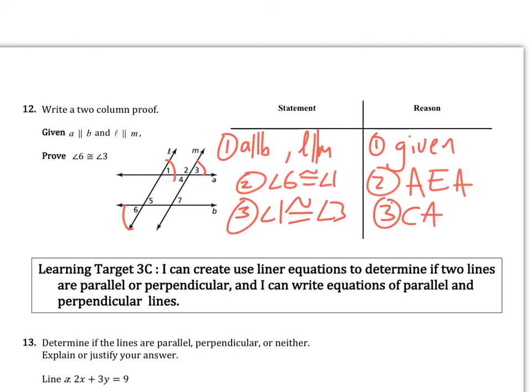Well, now 6 is congruent to 1, and 1 is congruent to 3. So we can put those together and say, therefore, angle 6 is congruent to angle 3, and that's what we were going for, right? And our reason for that: we tied these together with the transitive property. 6 is 1 and 1 is 3. So that's the transitive property.